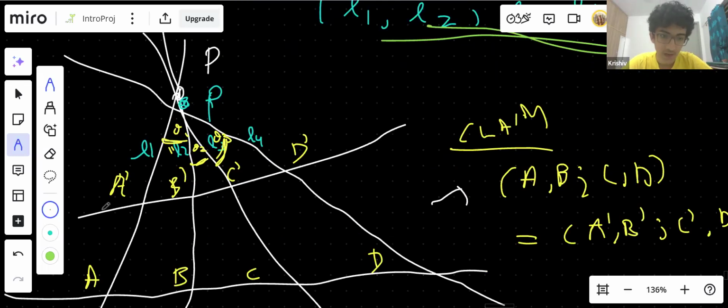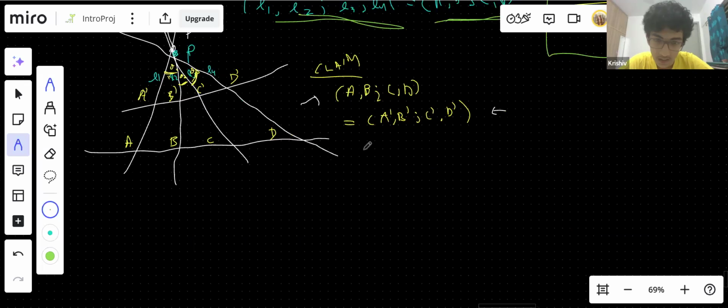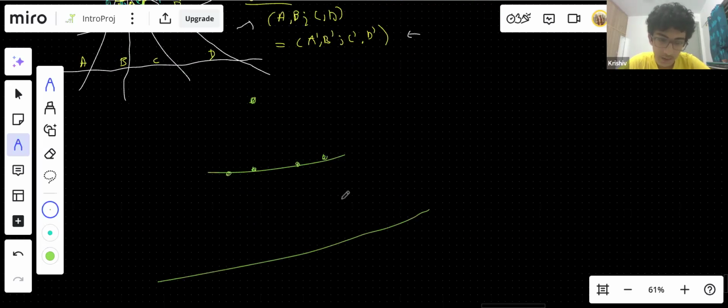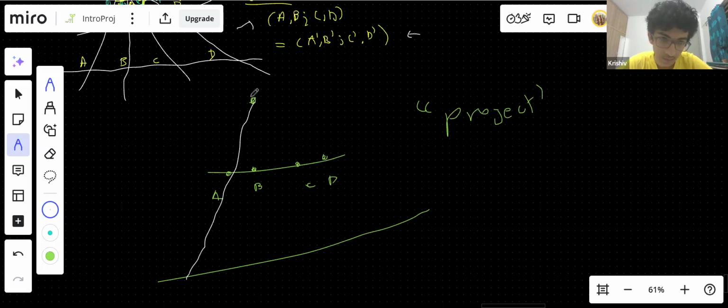What this means is that if I take any 4 points A, B, C, D, and a point external to them, and then another line, I can do what I'll call projection. I can project this cross ratio ABCD onto this other line by taking the lines joining them and then intersecting.